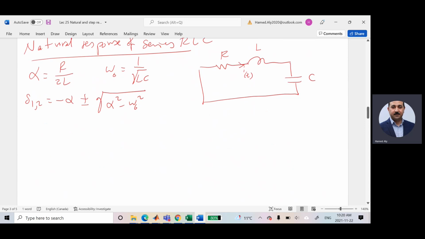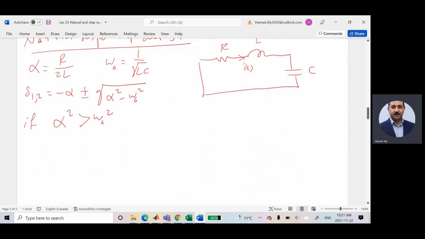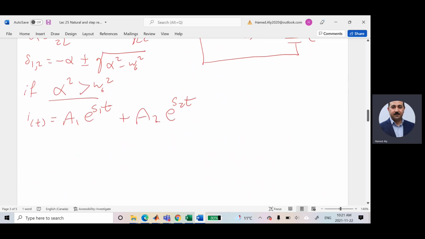Then I have three different cases. If alpha squared is greater than omega naught squared, at that time, I can say i of t is equal to A1 times e to the power S1t plus A2 times e to the power S2t. And then I find A1 and A2 from the initial conditions again.